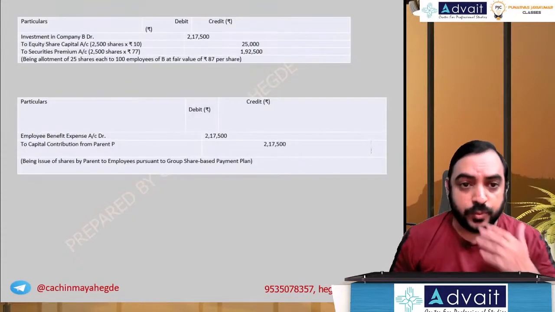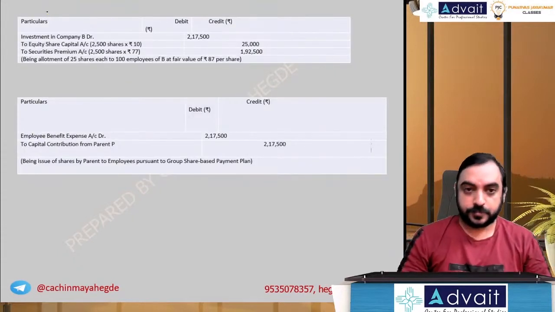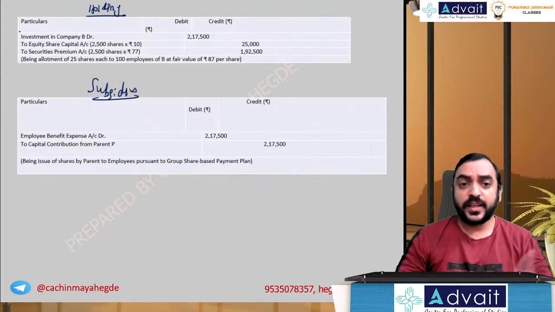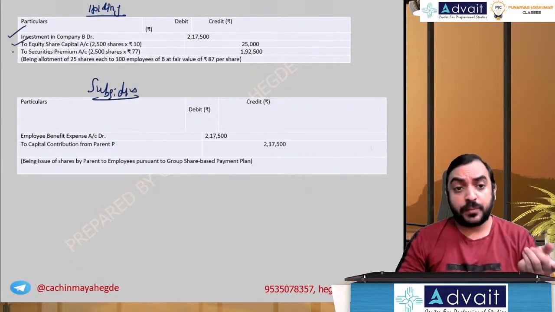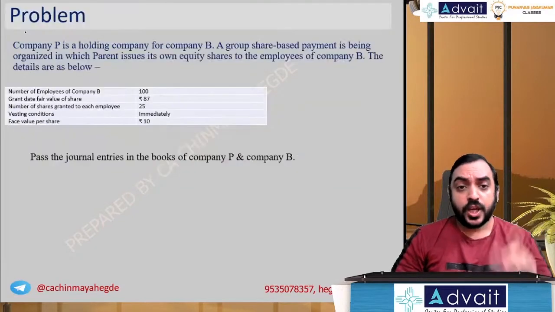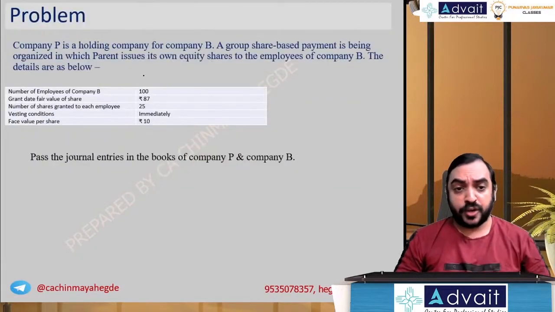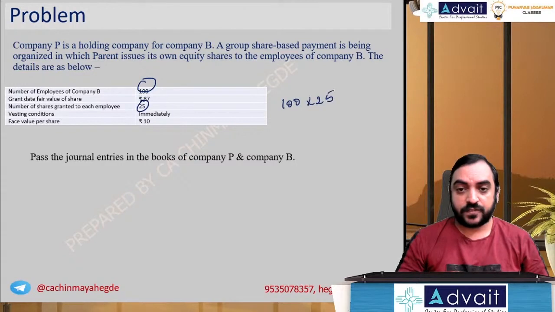Okay. So in the books of the holding company: investment account debit, to share capital, to securities premium. How much is the amount? Number of employees 100, number of shares per employee 25. So 100 into 25, and fair value is 87.